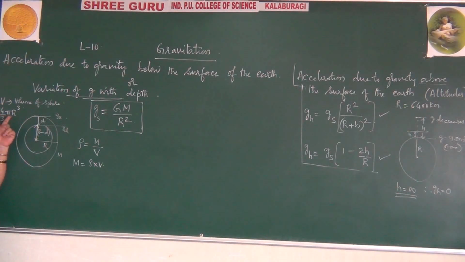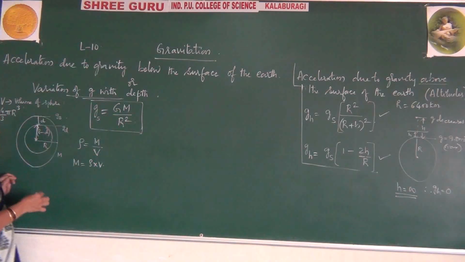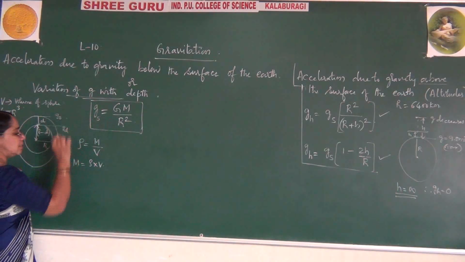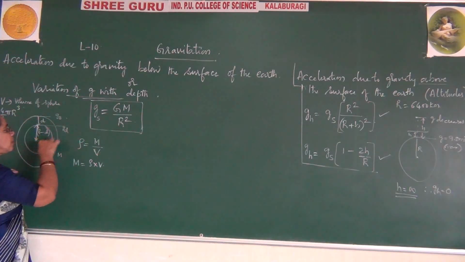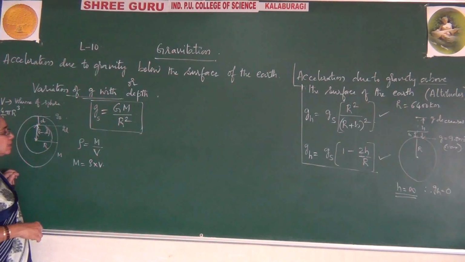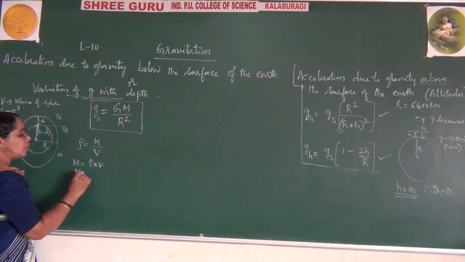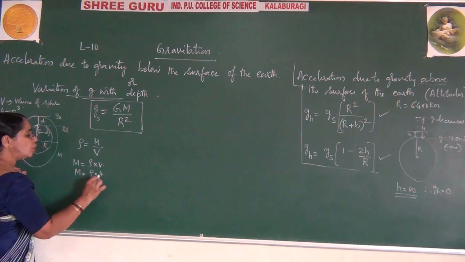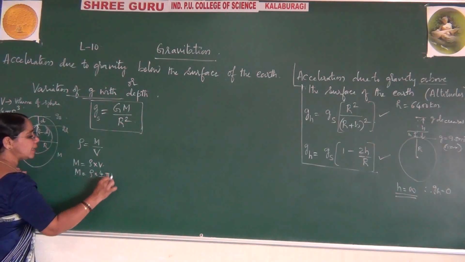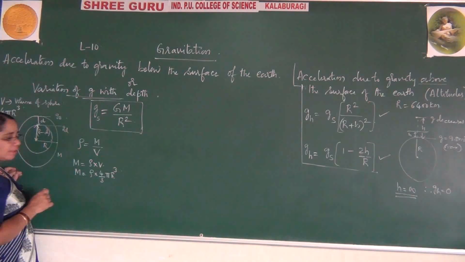Now let me take the help of this. For the mass of this sphere, m is equal to rho into 4 by 3 pi r cube. This is what we are writing.